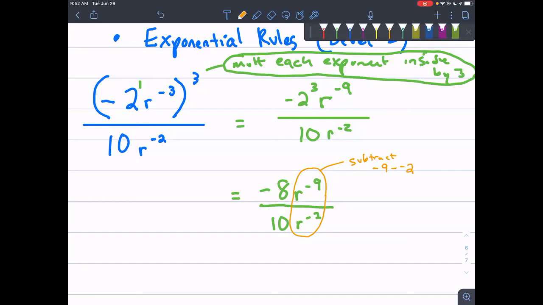And so what that means is negative 9 plus 2, which is negative 7. So this is going to be negative 8. The r's, when you subtract them, you end up with r to the negative 7. 10 on the bottom.